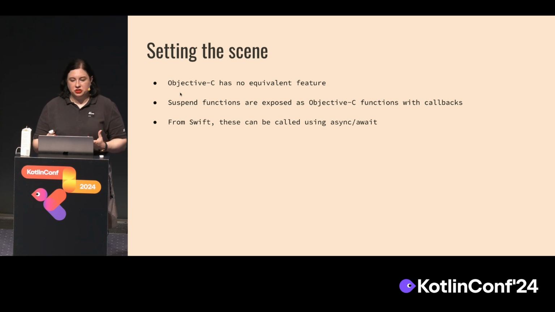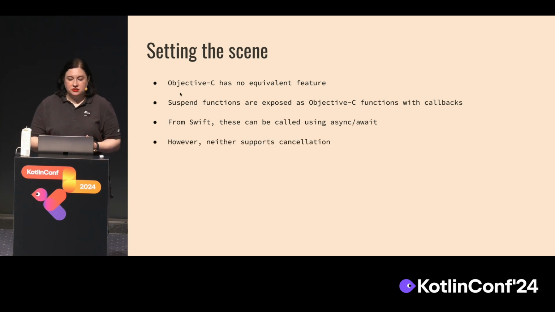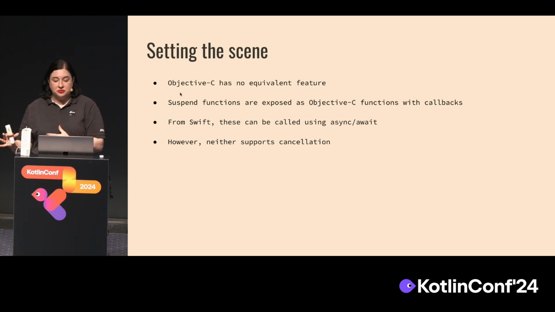It does read a little bit better. However, whether you use functions with callbacks or the async await mechanism, cancellation is not supported out of the box. So this is a problem, as potentially long-running operations will continue meandering until the suspend function either times out or completes, which can be a huge waste of resources.